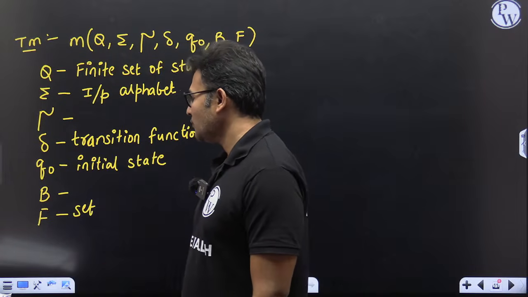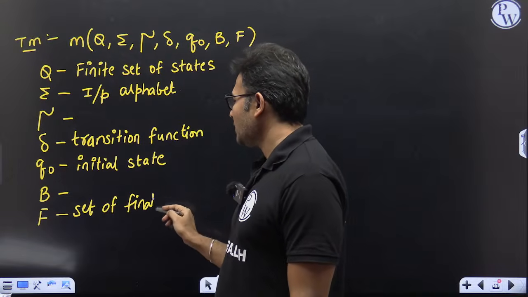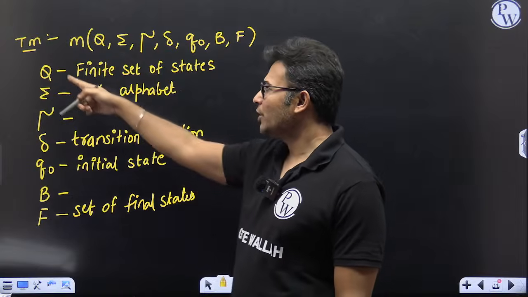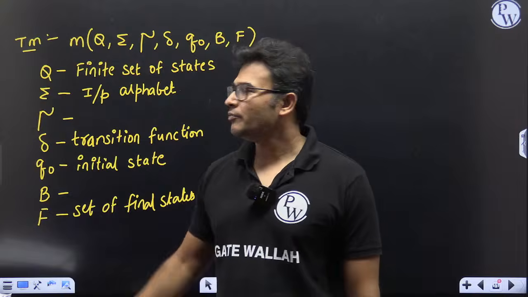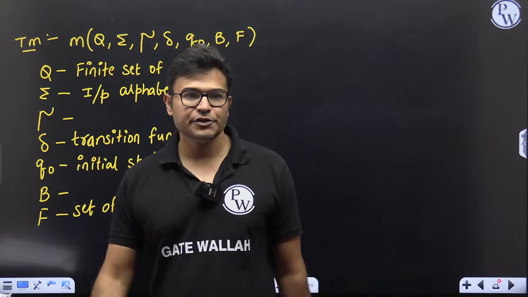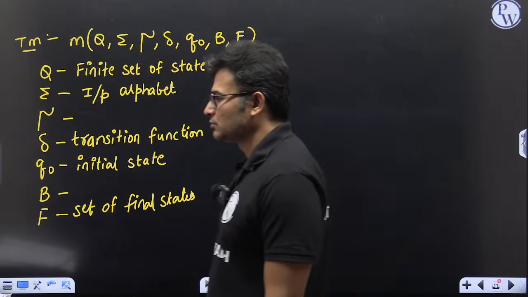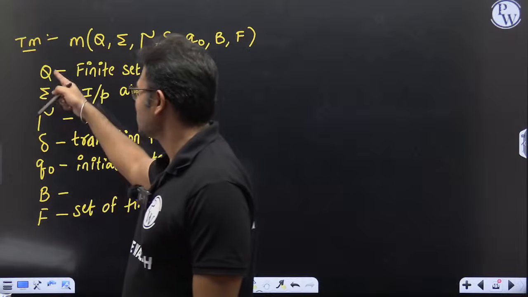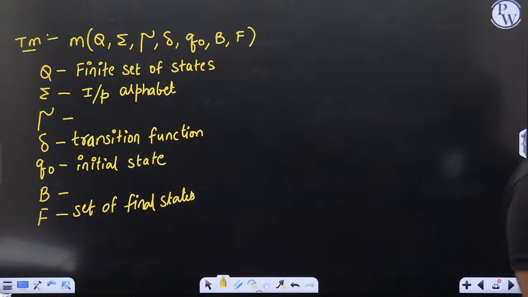There can be more than one final state. That is why I am saying set of final states. And what is the relationship between Q and F?